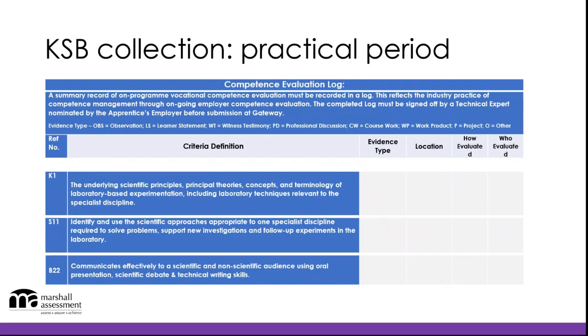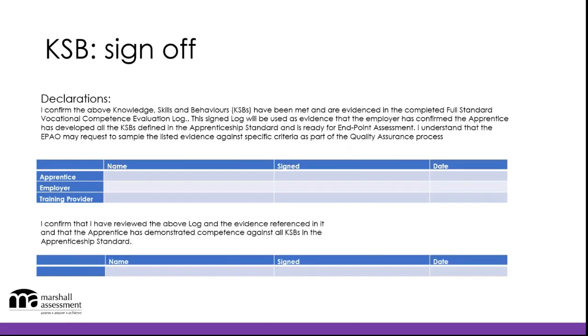You will know where the gaps are, where you need to focus your efforts. Obviously, as time goes by, most of these things will be ticked off, but you can see where you need to focus on. And then you'll be able to use that with your employer to demonstrate to them that you have achieved all the elements of your program. And they obviously will be able to check that and sign that off as well. So there's lots of different ways that you can collect evidence, and we'll talk about that as well.